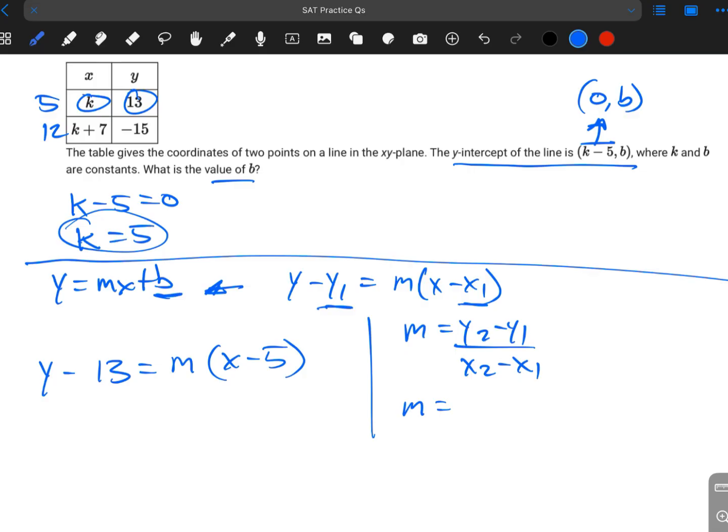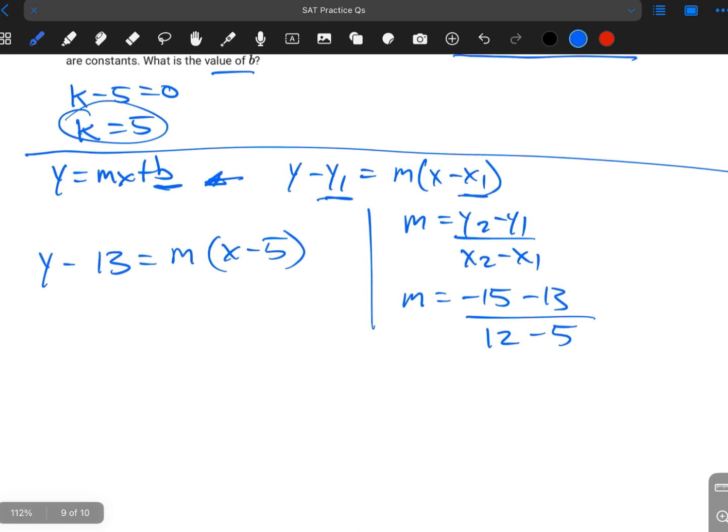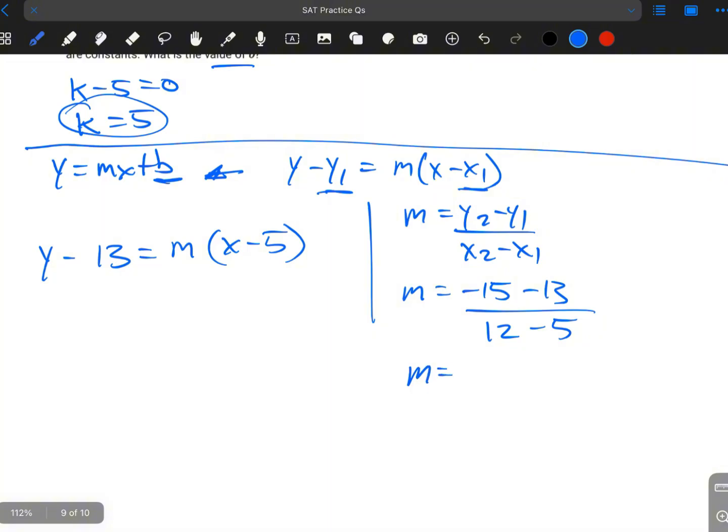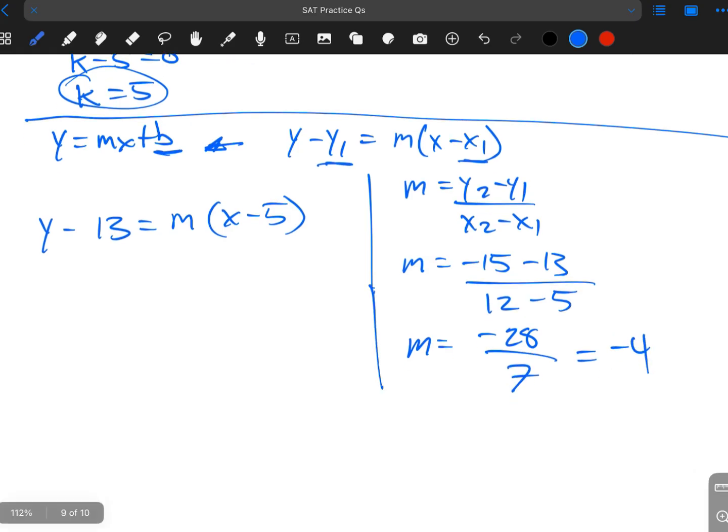So m is equal to negative 15 minus 13 over 12 minus 5. So working this out, you have negative 28 over 7, which is negative 4. Okay, so now we have the value for m.